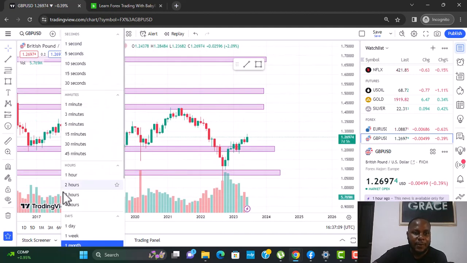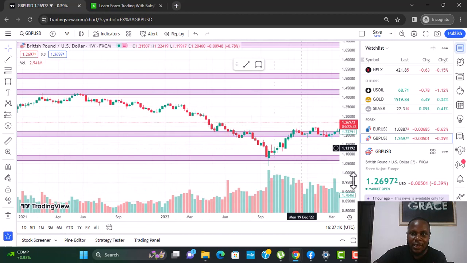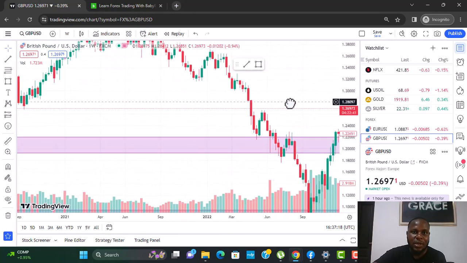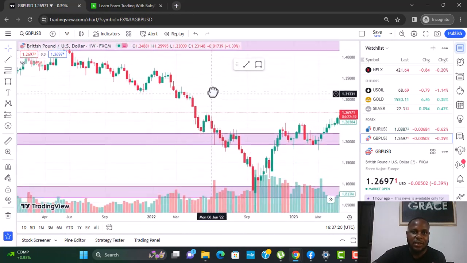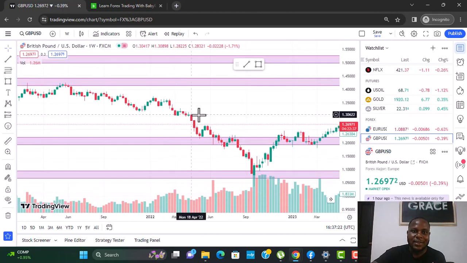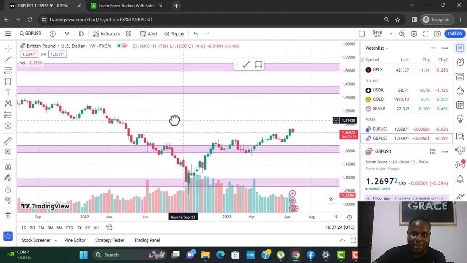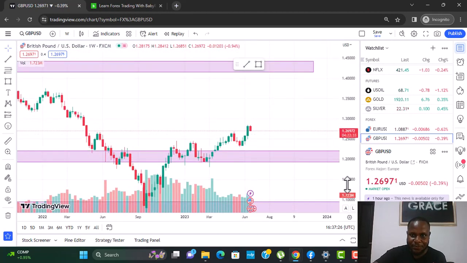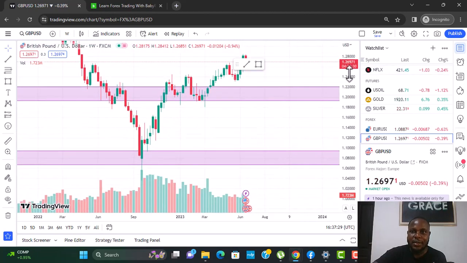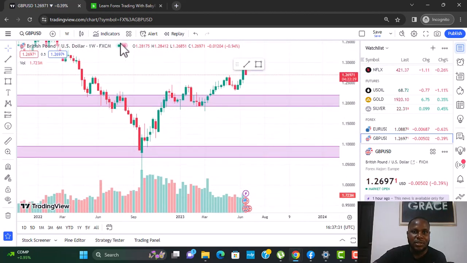Now, remember, we've identified the key level, but remember the trend lines are also important. If a market is in a downtrend, a downtrend is guided by trend lines. You cannot create a trend channel using that same trend line of the market.